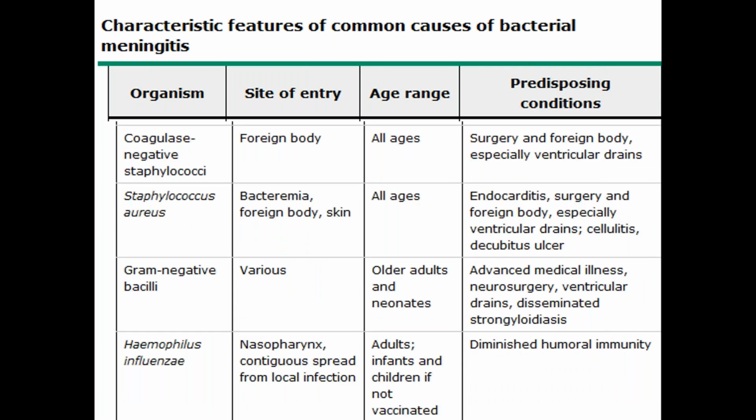Okay, so we will not discuss this a lot. This is a little important because, especially when we have some extraneous devices in the body like a VP shunt or a prosthetic valve, it is important to keep staphylococcus as a differential, and then drugs like vancomycin are important in covering those organisms.